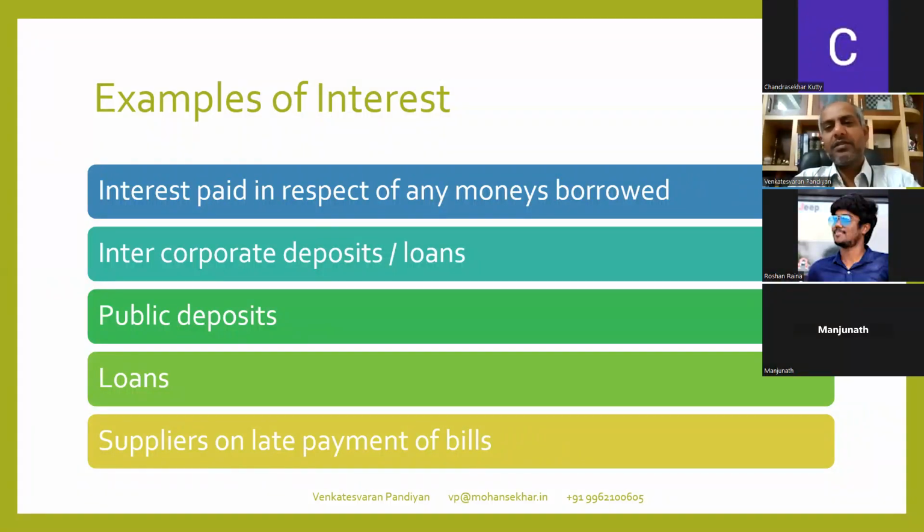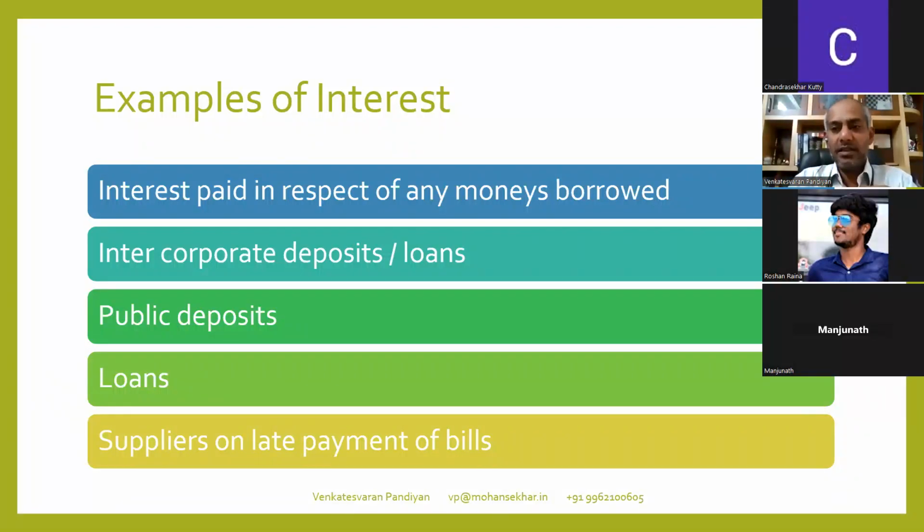When it comes to business, very commonly you will find intercorporate deposits or loans. What is it? I have two corporates, two companies. One company has borrowed money from another company, which is termed an intercorporate deposit, and the borrower pays interest to the lender.